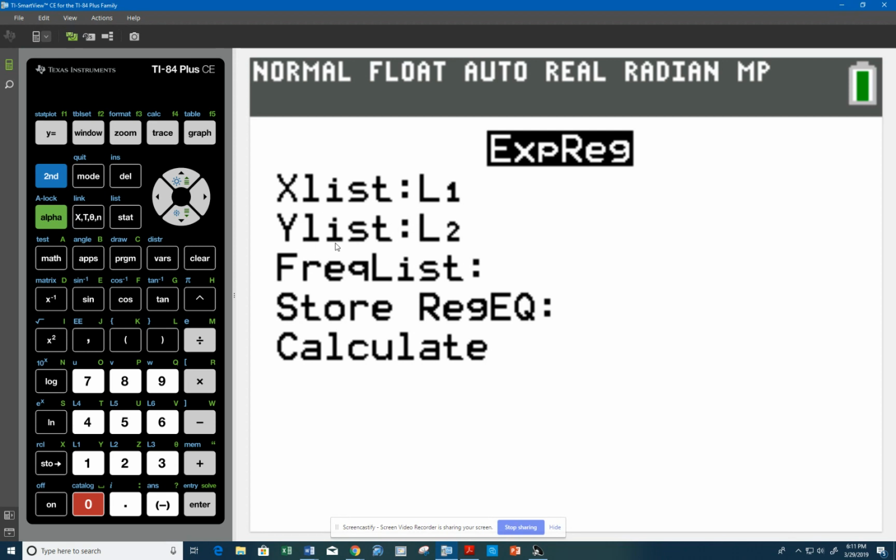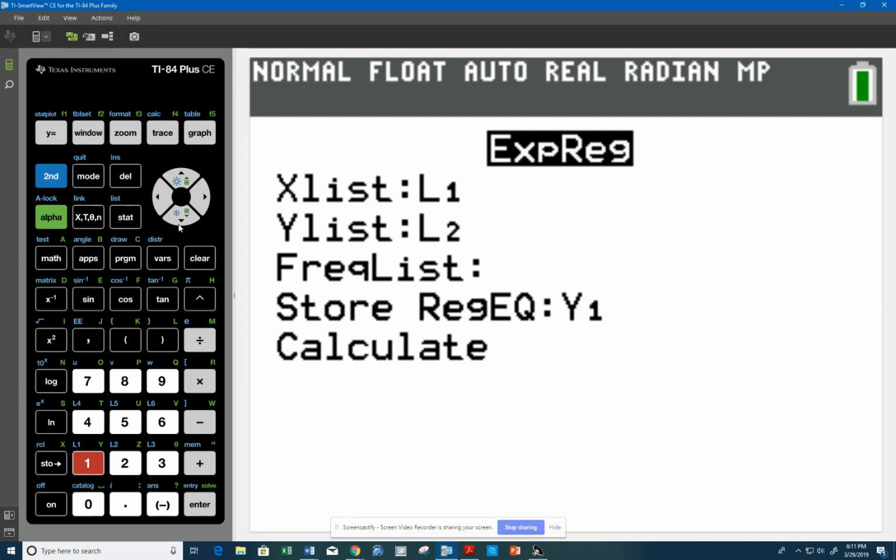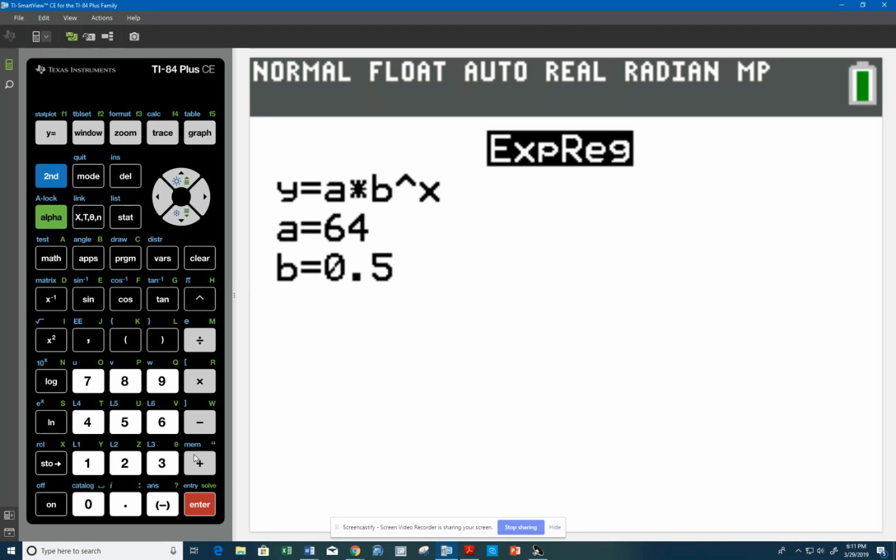X list is L1, Y list is L2. And because it wants us to find what f of 12 is, we're going to go ahead and store our equation. Okay, so alpha, trace, and number 1, and we could store our equation in y1. And then we can just go to the table to see what the y value is.